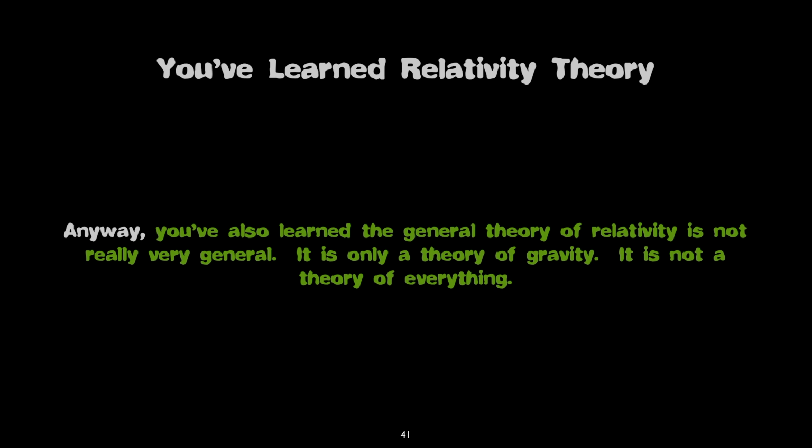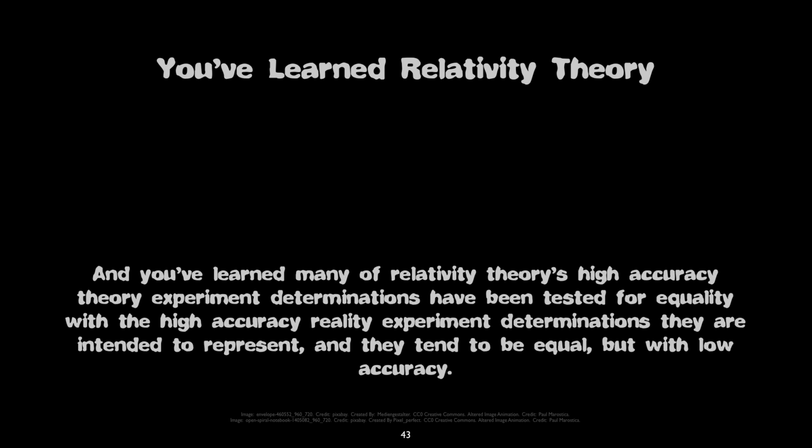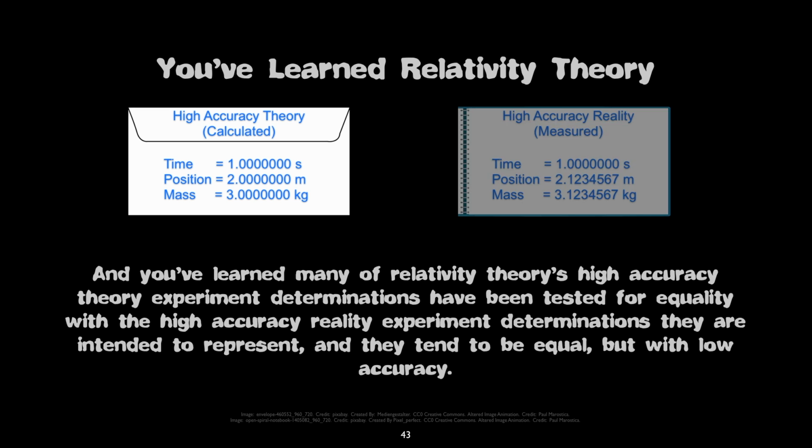Anyway, you've also learned the general theory of relativity is not really very general. It is only a theory of gravity. It is not a theory of everything. So, you've learned relativity theory. And you've learned many of relativity theory's high-accuracy theory experiment determinations have been tested for equality with the high-accuracy reality experiment determinations they are intended to represent, and they tend to be equal, but with low accuracy.